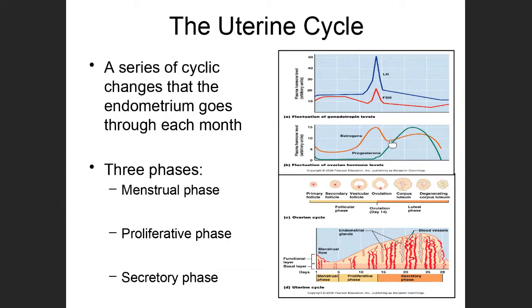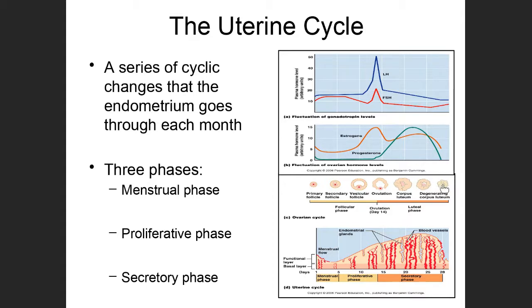You'll also remember that estrogen and progesterone negatively feed back on the hypothalamus and the anterior pituitary. So the rise in these two hormones is correlated with a decrease, or it matches up with a decrease in luteinizing hormone and follicle stimulating hormone. After about 10 days, our corpus luteum starts to degenerate.